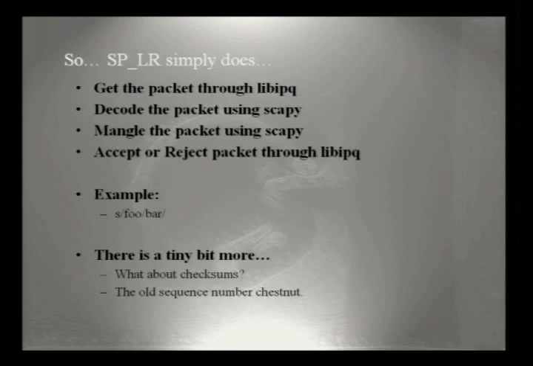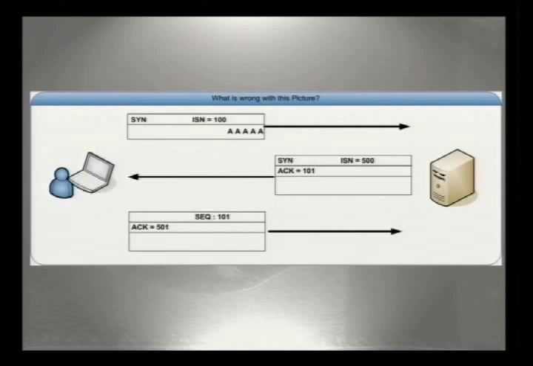You get bitten as soon as you change your TCP packet payload, with new checksums and with sequence numbers. One of the things you bump into here is a common misconception about TCP sequence numbers. I'm not sure where this started, but there's actually texts on the internet, and you even see it wrong in some books, which describe the TCP flow like this: the sender sets his initial sequence number to something, sends a packet, which in this case is 5 A's, and what you find in incorrect text is that the receiver then adds 1 to the sequence number and sends the packet back.